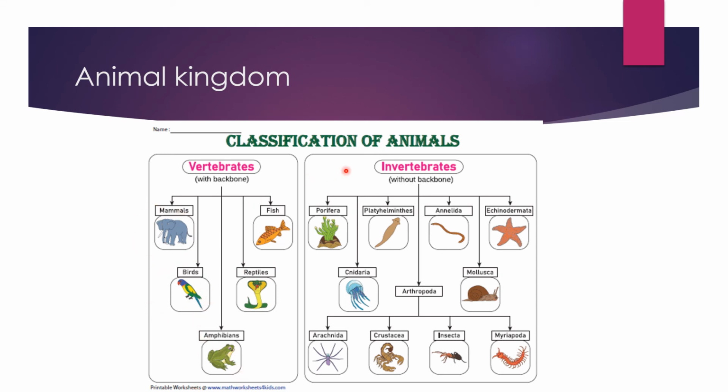Invertebrates are also classified into many groups. Just have some examples. First one is the annelids, it's the earthworm. This one is the echinoderms, starfish, and this one the mollusk, it's the octopus and snail.